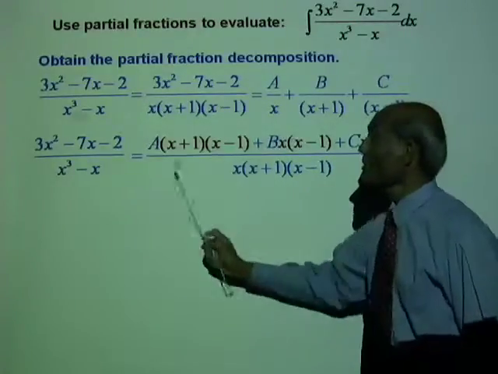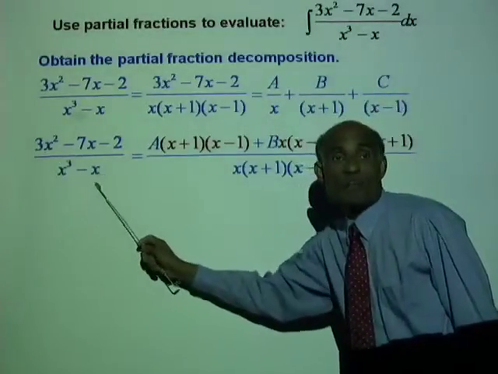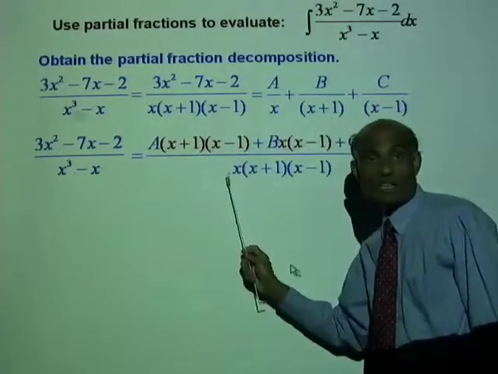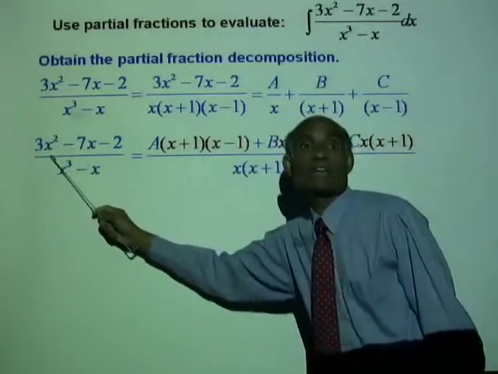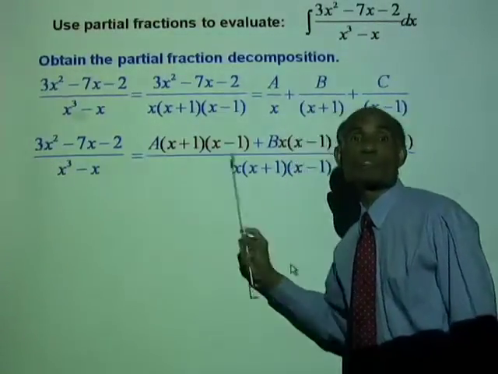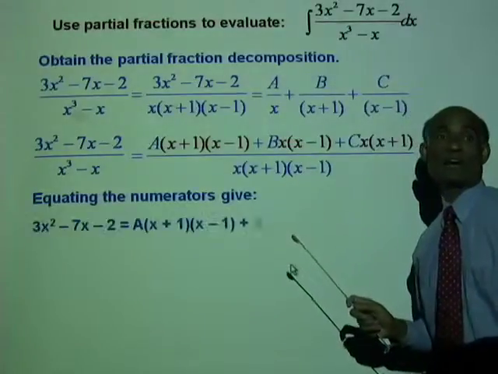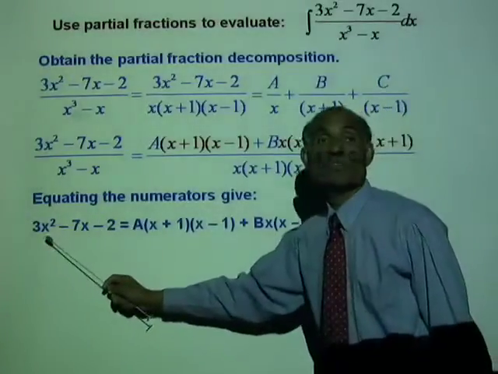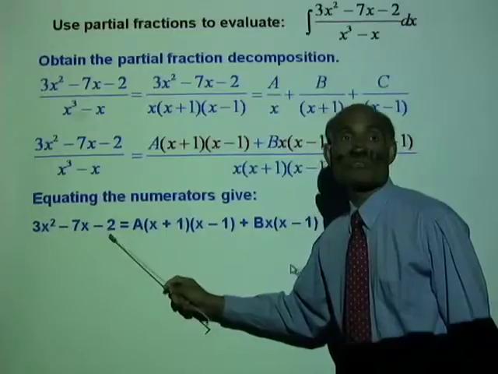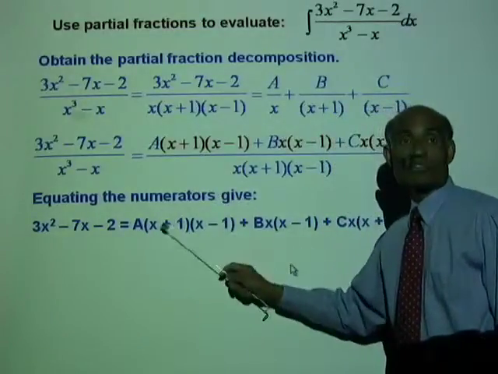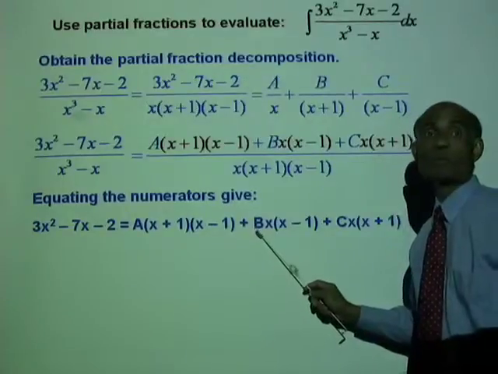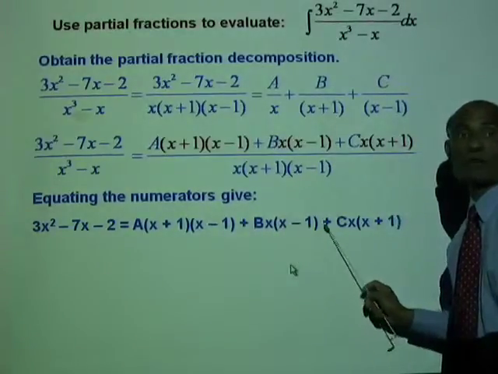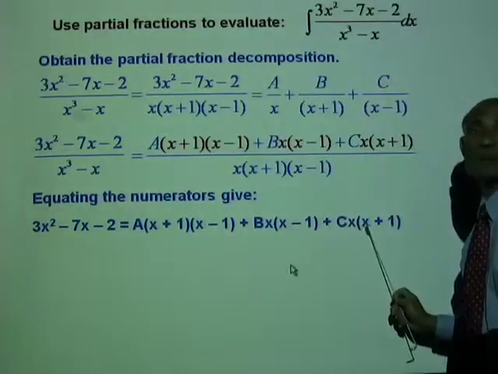Alright, now the denominator x cubed minus x is the same as this denominator, which means we can equate the numerators on the left and on the right. That gives you 3x squared minus 7x minus 2 is A times x plus 1 times x minus 1 plus Bx times x minus 1 plus Cx times x plus 1.